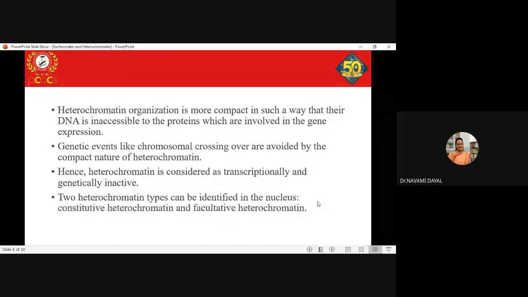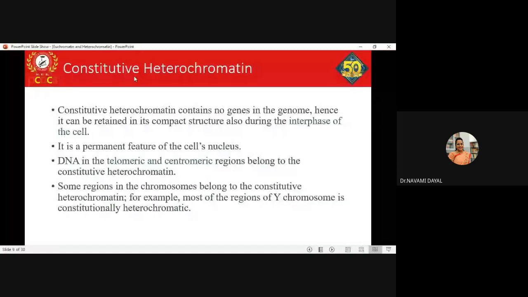Coming to what is constitutive heterochromatin. Constitutive heterochromatin contains no genes in the genome.